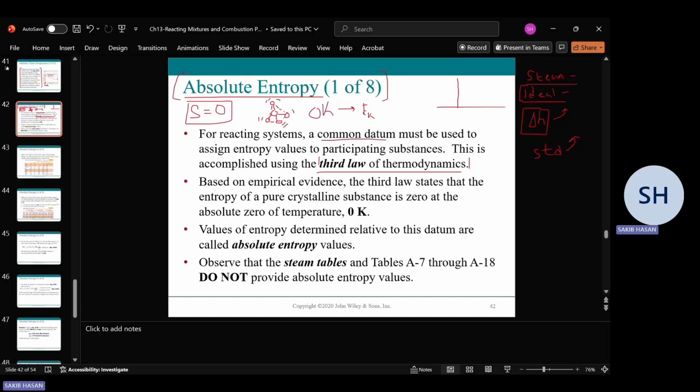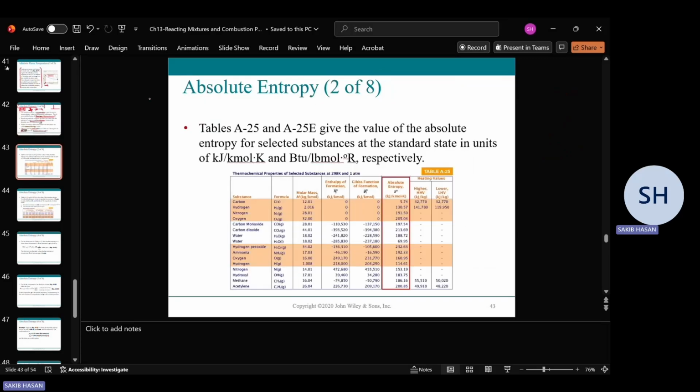In this final part, they say to observe that the steam tables from table A7 through A18 do not provide absolute entropy values, because absolute entropy values are only applicable when they're calculated relative to this 0 Kelvin state for a pure crystalline structure. And so we find these absolute entropy values in table A25 in the Moran textbook.